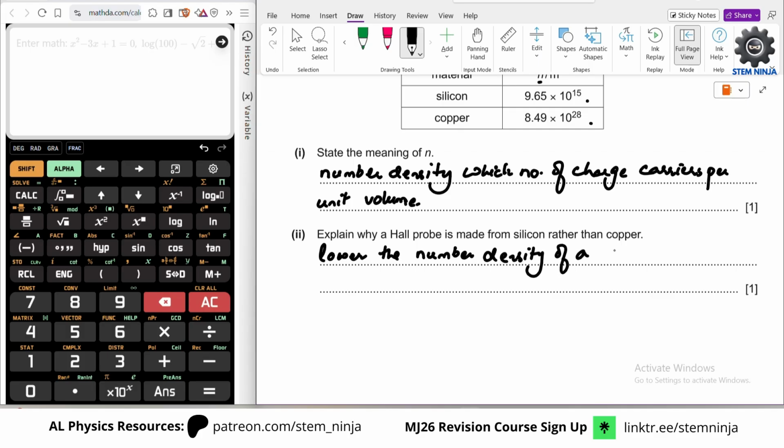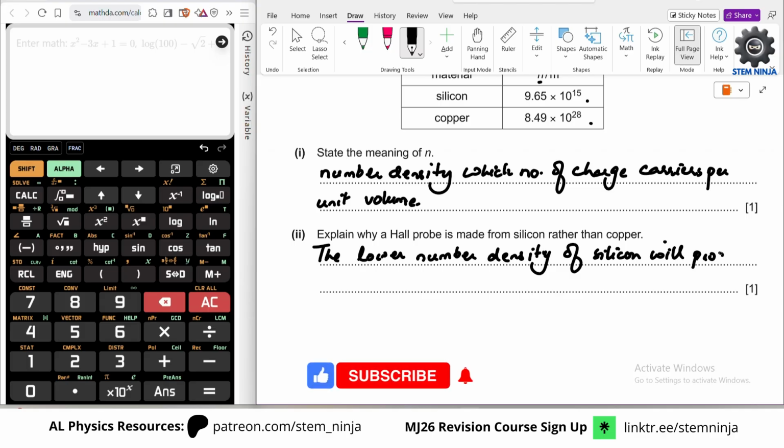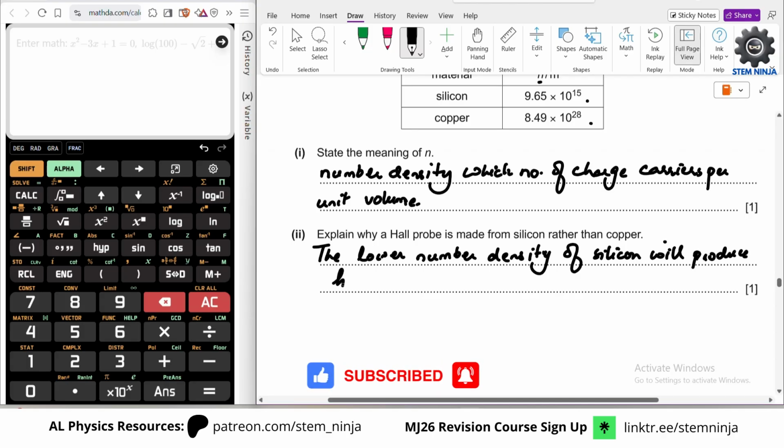Actually, the lower number density of silicon, sorry, we can specify that. The lower number density of silicon will produce higher values of Hall voltage.